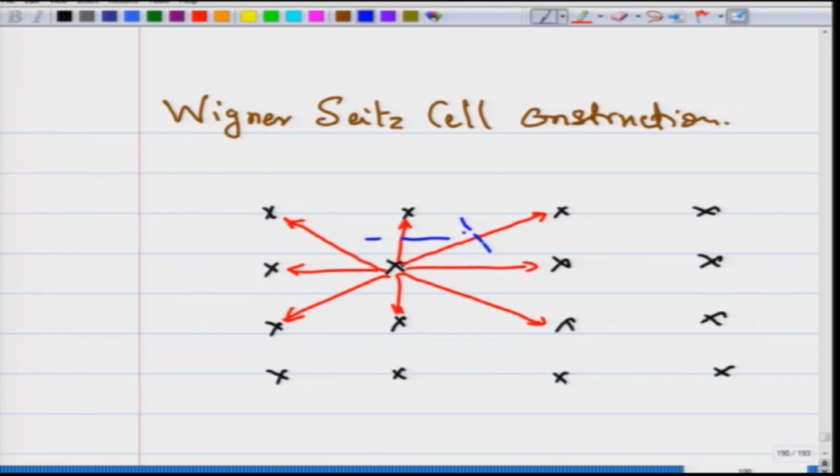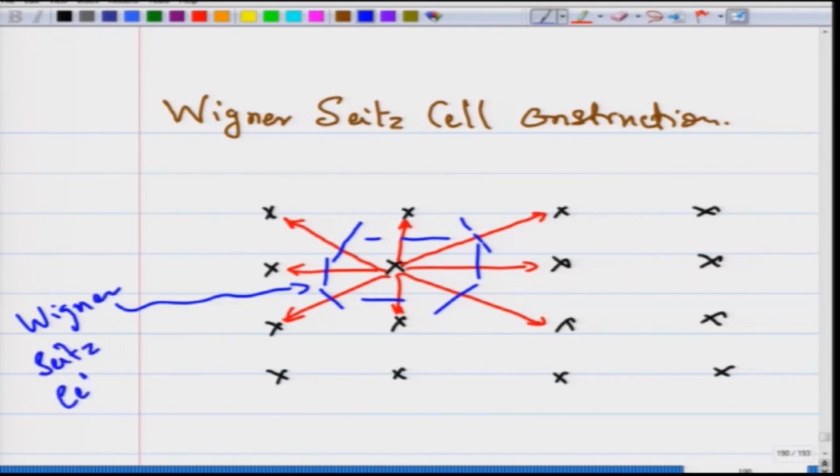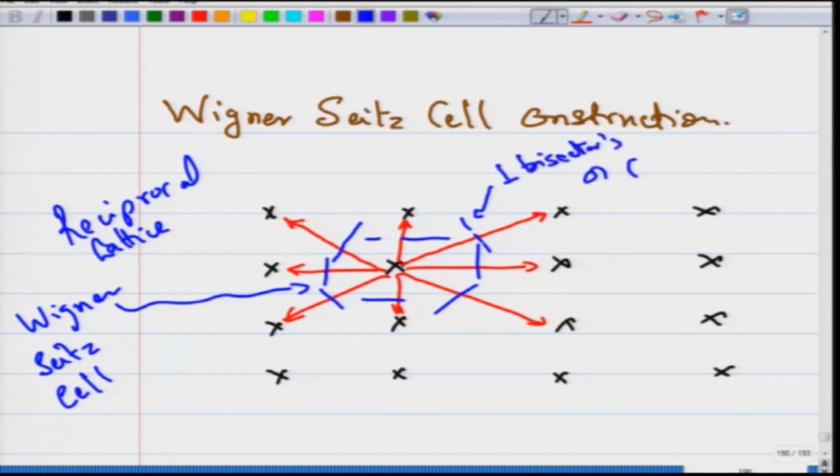If you recall, this was your Wigner-Seitz cell construction. You make your perpendicular bisectors and you will describe your Wigner-Seitz cell. But now we do this in the reciprocal lattice, and these are the perpendicular bisectors of the vectors that I am drawing.